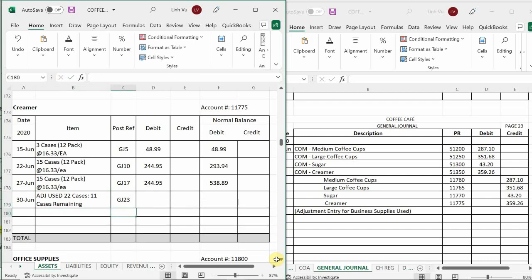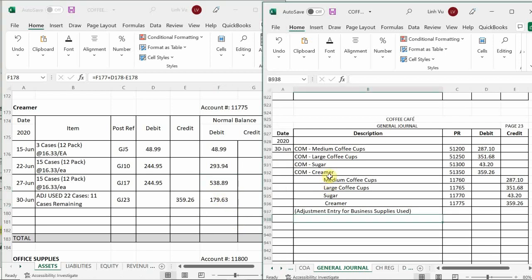General Journal 23, and that's going to decrease our account by $359.26. So that will decrease your account balance down to $179.63. Okay? So there you go.